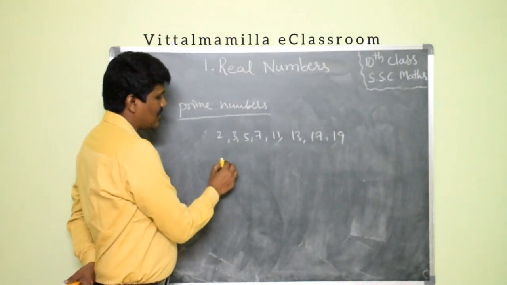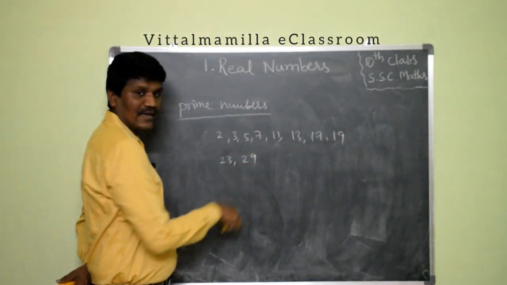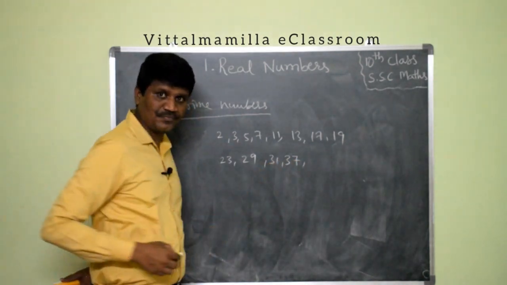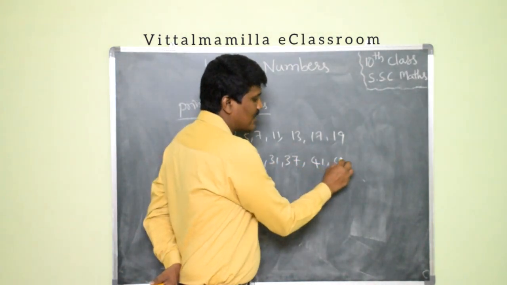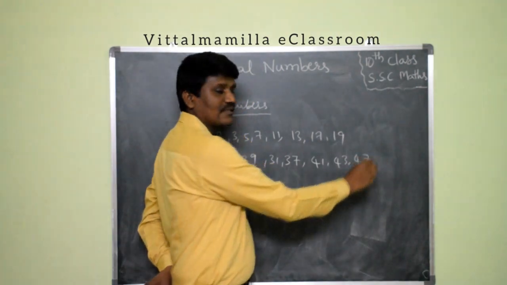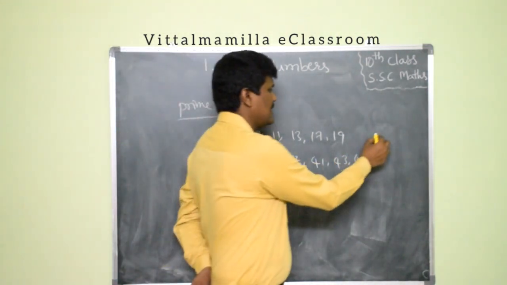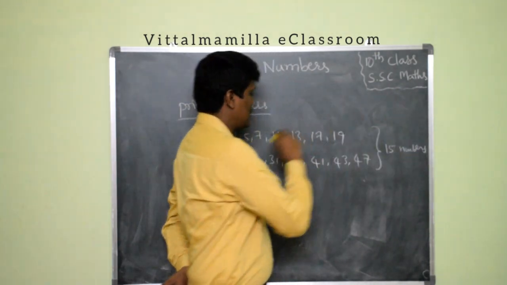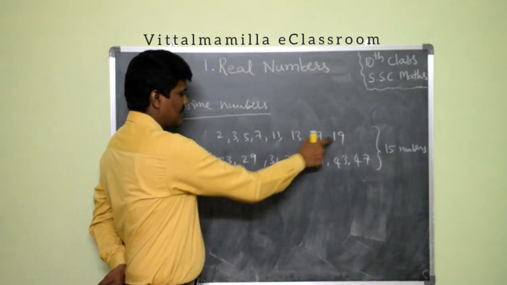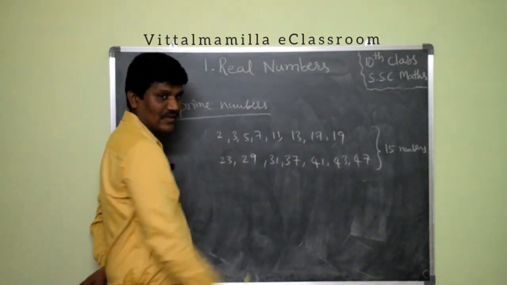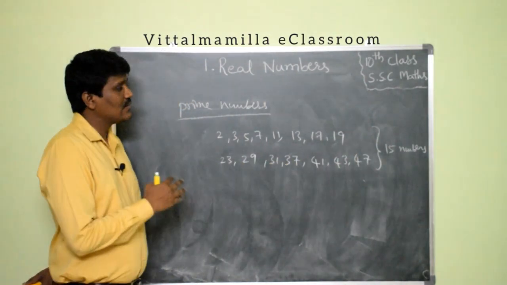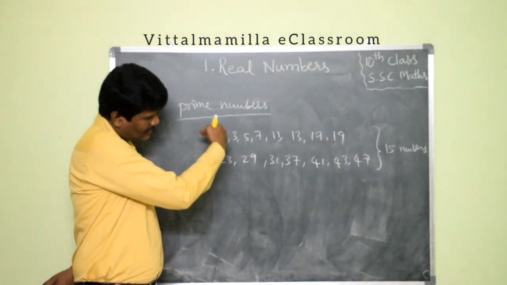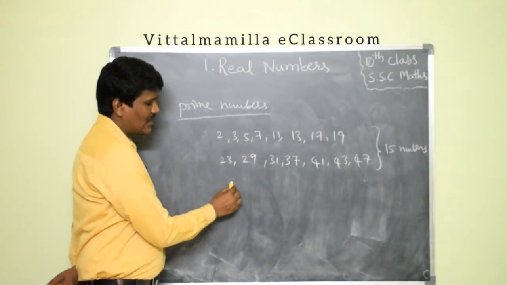Next the prime numbers are 23, 29, 31, 37, 41, 43, 47. So till 50, there are 15 prime numbers: 1, 2, 3, up to 15. Under 50, there are 15 prime numbers.